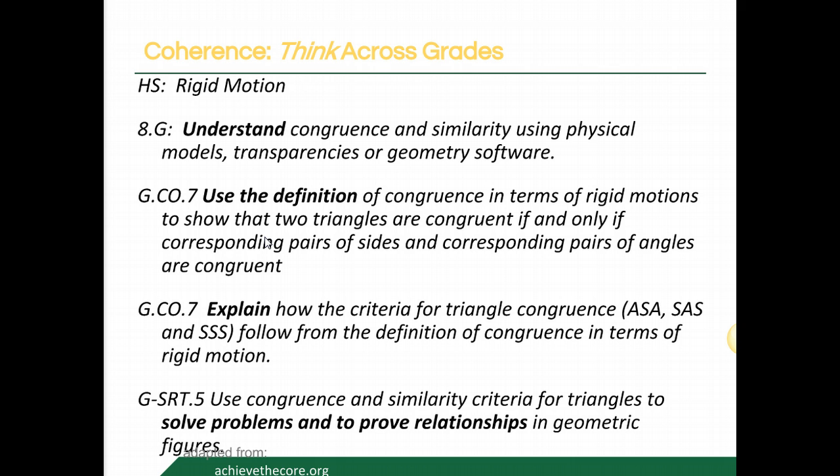And then in Math 2, the last standard there, SRT 5, is a Math 2 standard where they're using congruence and similarity to solve problems and prove relationships in geometric figures. So they extend it not just to congruence, but then into similarity and using it to prove and to solve problems as well. So it extends across several grade levels.